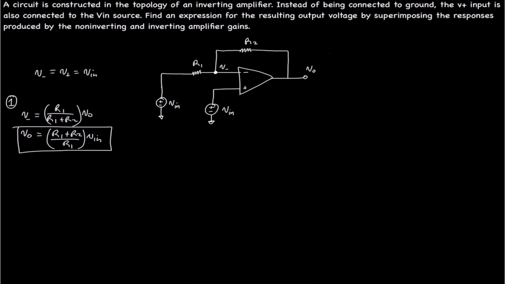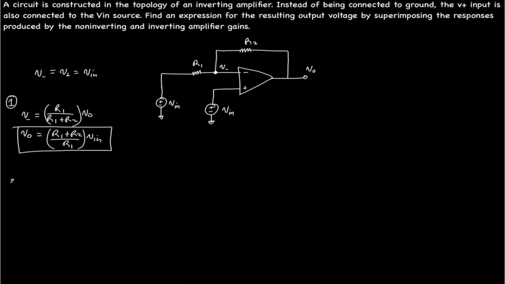For the inverting case, this is where we use V minus at the midpoint of the voltage division between V in and V out. For this case, we ground the V positive terminal, and by virtual short, we can assign the voltage at V positive to the voltage at V minus, and vice versa.